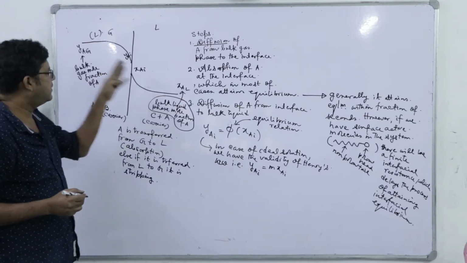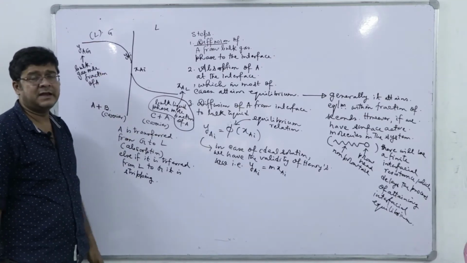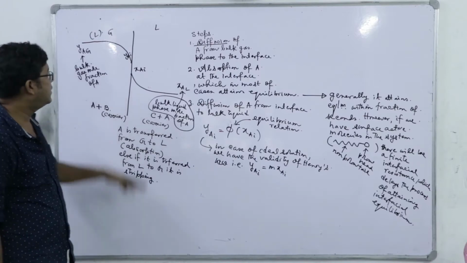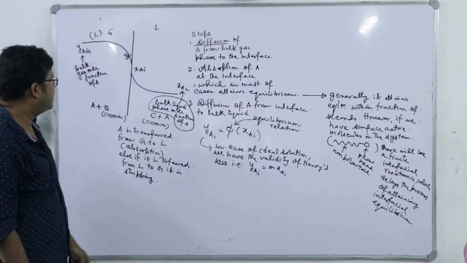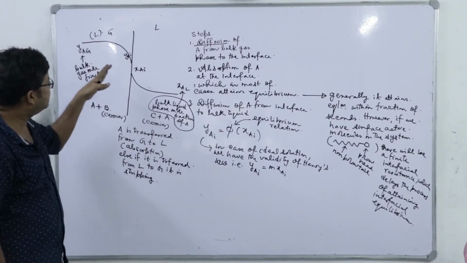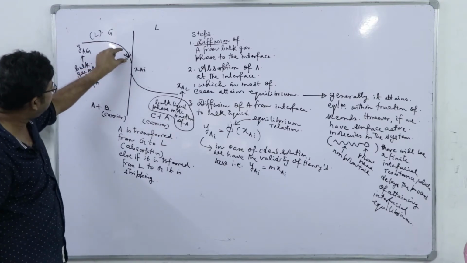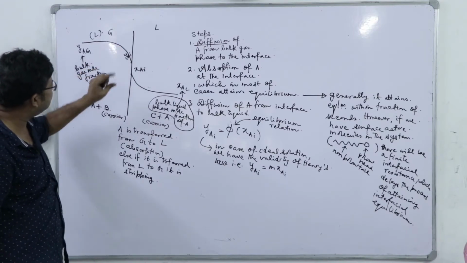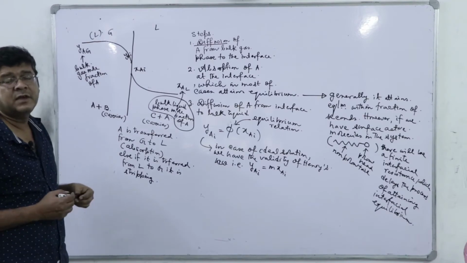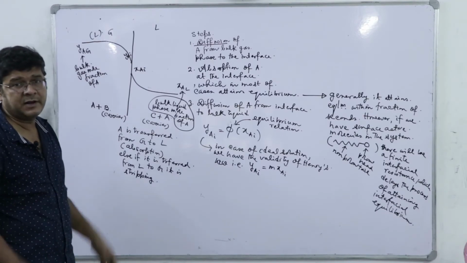So, you see that on these two sides, this will be the tentative profile of concentration or mole fraction. Why will we have a higher drop of concentration? Because close to that interface we have this laminar sublayer, right.